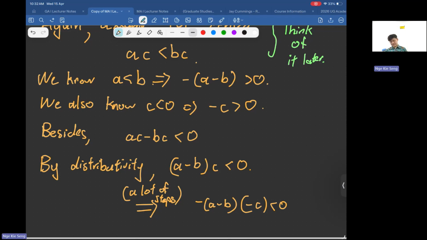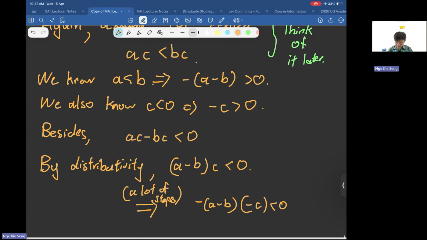Okay, and then B minus B is positive. Here there's a contradiction already. Where's the contradiction? Because you know that minus C is positive, minus A minus B is positive, and positive times positive should be positive, but you get something negative. So there's a contradiction.